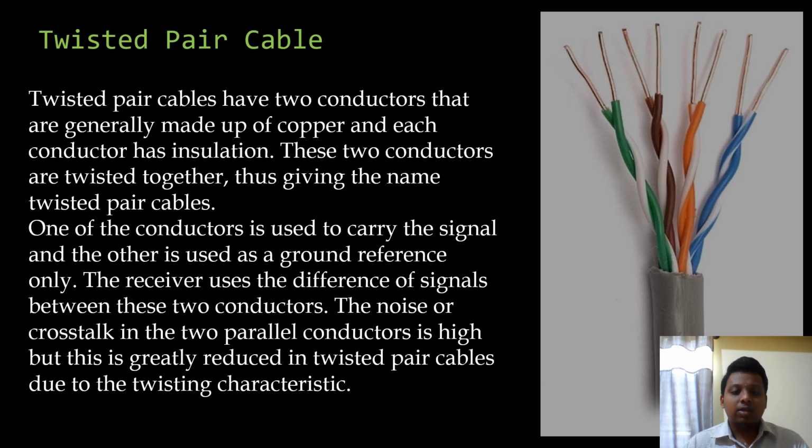One of the conductors is used for carrying the signal, and the other is used as a ground reference only. The receiver uses the difference of signals between the conductors. The noise or crosstalk in parallel conductors is high, but it is greatly reduced in twisted pair due to the twisting.